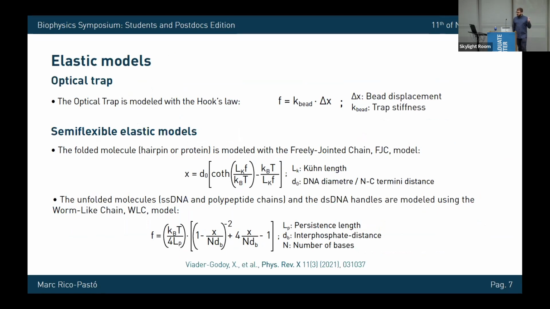On the other hand, the folded hairpin or protein is modeled using the semi-flexible elastic model known as the freely rotating chain, assuming that the Kuhn length equals the distance, the thickness of the double-stranded DNA, and the N-C termini distance, that is the distance where we exert the force in the proteins. On the other hand, the unfolded molecules and also the double-stranded DNA handles are modeled using the worm-like chain model that characterizes the elastic response of semi-flexible polymers using a persistence length and an interphosphate or inter-amino acid distance.